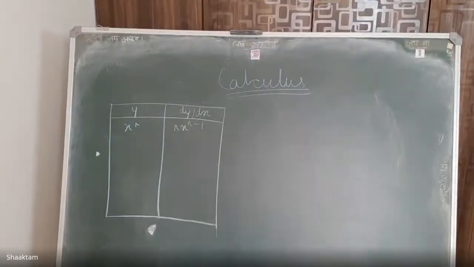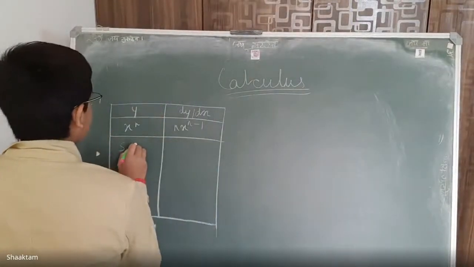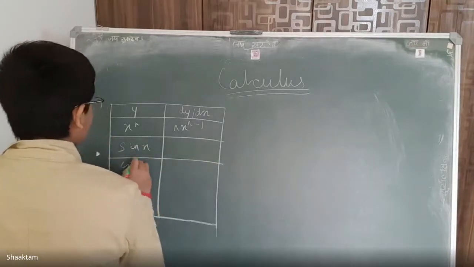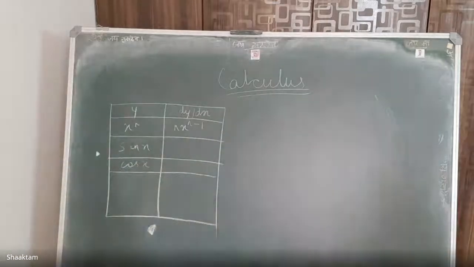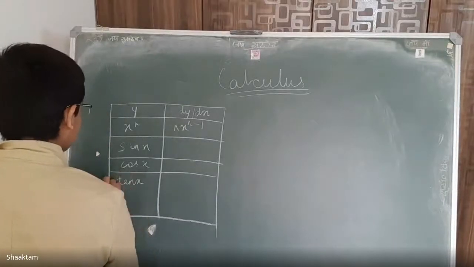Now come when they are giving proper values. Let me write the formula. Sin x, cos x, there is sin x, there is cos x, tan x and cot x.